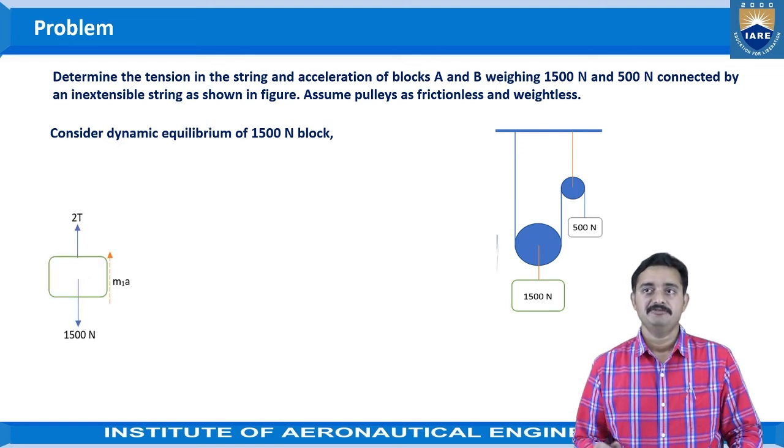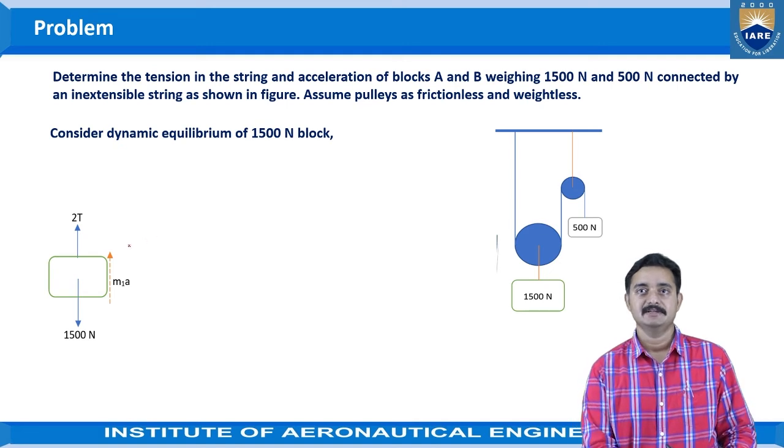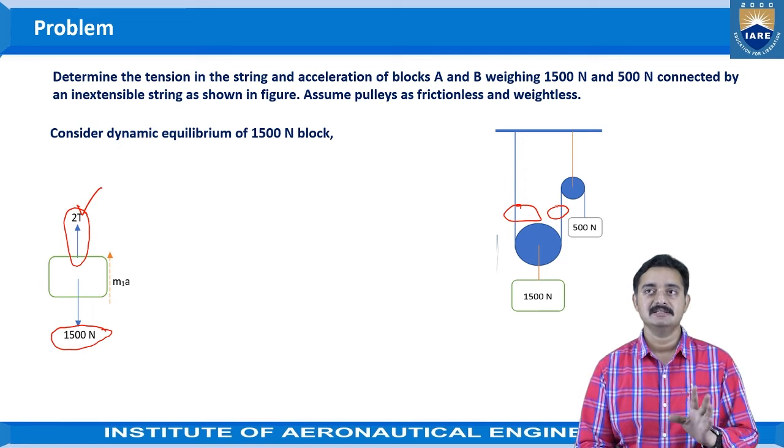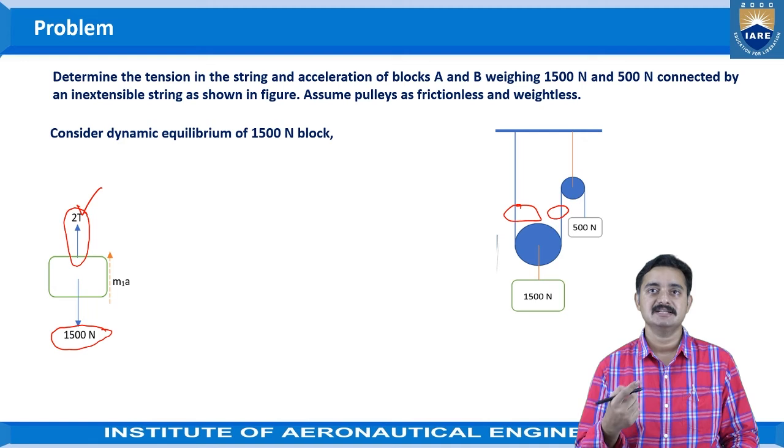Here, if you consider the free body diagram, the 1500 newton weight is acting vertically downwards and the tension value which is attached here is taken as 2T. Why is it happening? There are two strings attached for the single string which is wound 2 times. We will be considering the single string that is wound 2 times for the object.